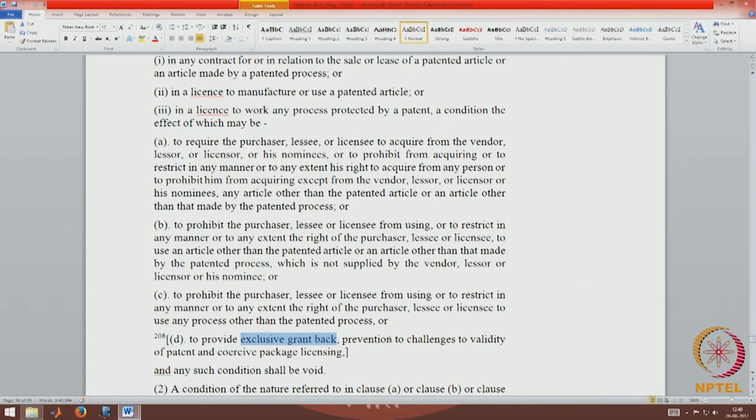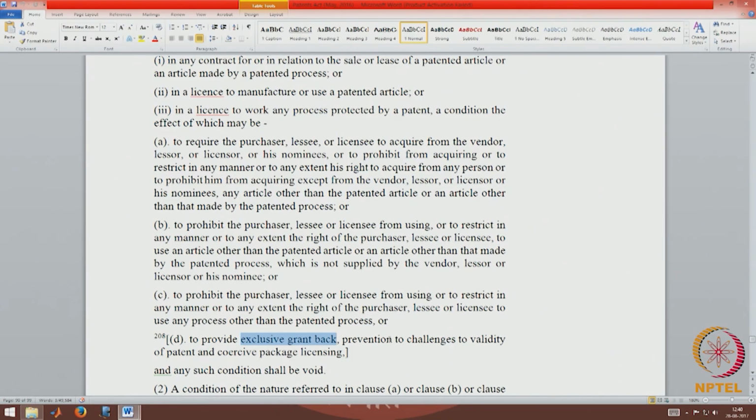Validity challenges, filing post grant opposition, filing revocation petitions, these are statutory rights given to any licensee. Just because a person is in a license arrangement, you cannot force him to give up these rights. Even if there is a clause to that effect, if the courts are called to look upon it, they will treat that condition as null and void; it will not be given effect to.